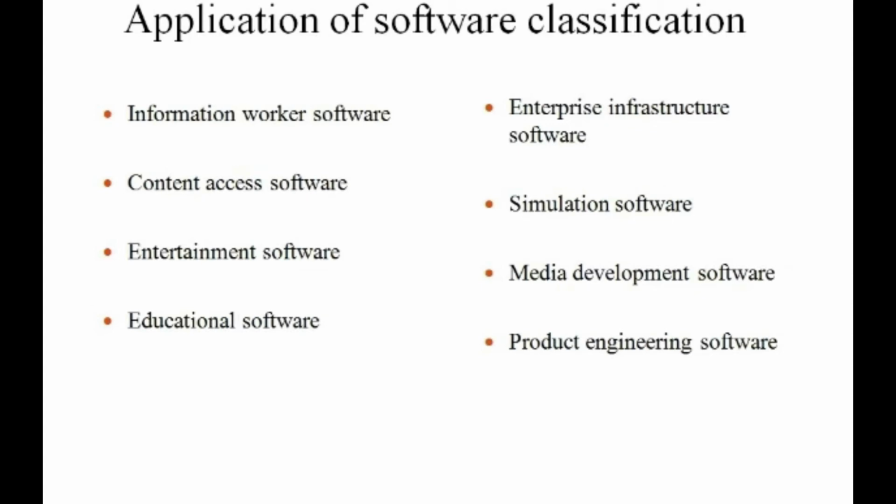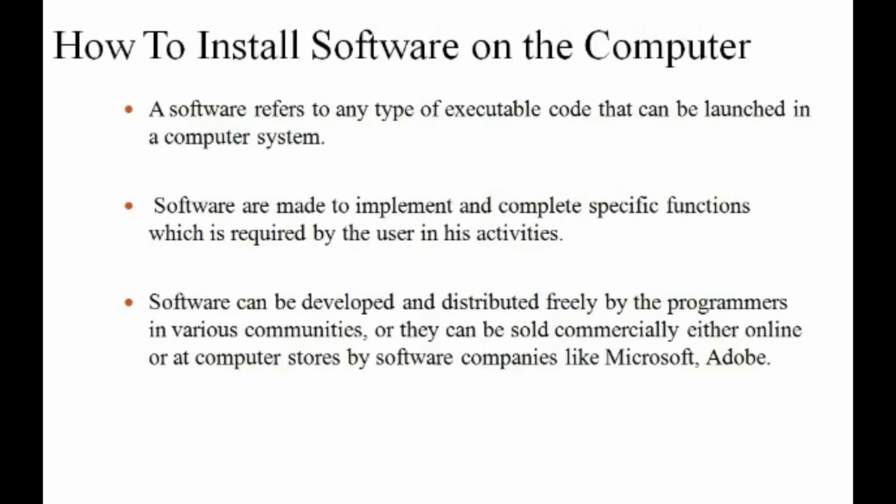Content access software is used primarily to access content without editing, but may include software that allows for content editing. Educational software is related to content access software, but has the content and/or features adapted for use by educators or students. Simulation software simulates physical or abstract systems for either research, training, or entertainment purposes.